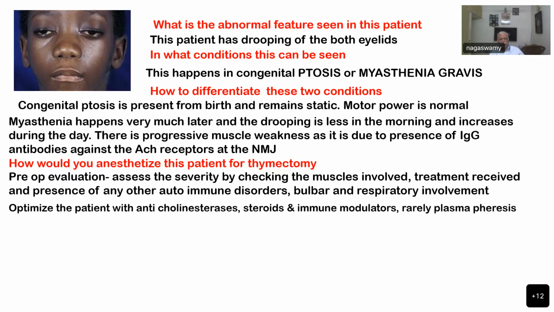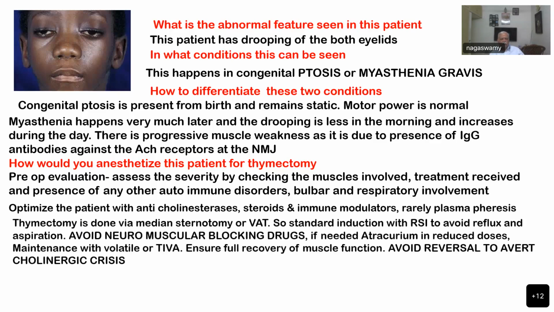They may receive steroids or immune modulators. And rarely, in severe cases, they may undergo plasmapheresis to remove these antibodies. Thymectomy is done in two ways. It can be done by a median sternotomy or by video assisted thoracoscopy.